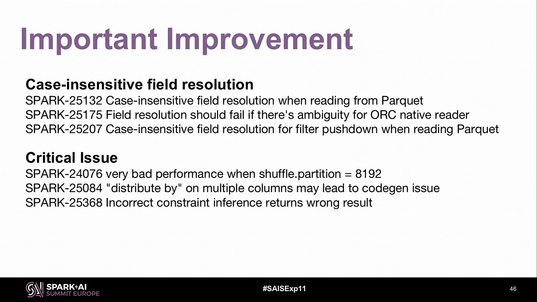And also, I listed some critical issues we met during our development. The first is interesting. When you set the shuffle partition to 8192, you will see the performance become very bad. It is because there is a hash conflict in the shuffle data and the aggregate buffer.